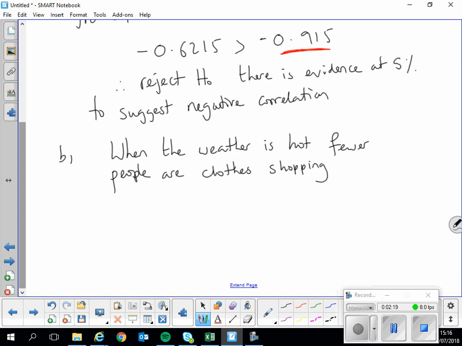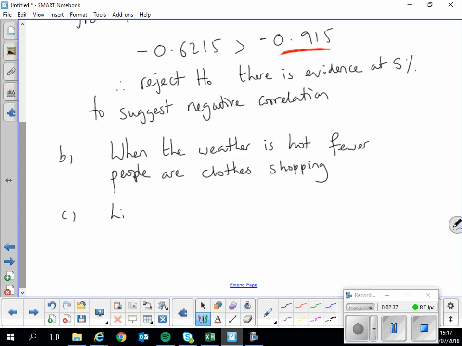So part C, Tesla suggests a linear regression model could be used. Well, the correlation coefficient is significant, so there is significant evidence of a negative correlation, so a linear model is suitable.